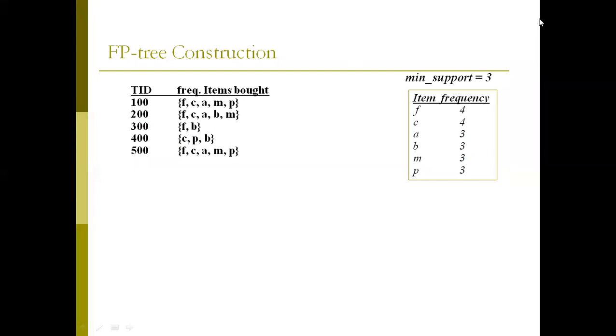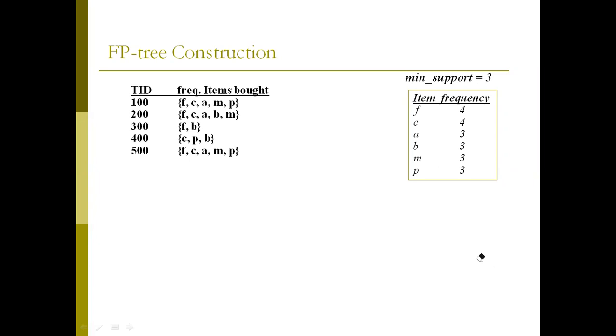Okay. So to construct this, I have taken here the transaction ID numbers as well as the ordered frequent items, the items' support counts, and the minimum support count value also.